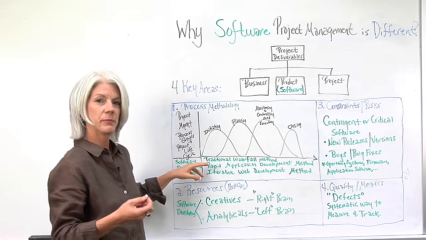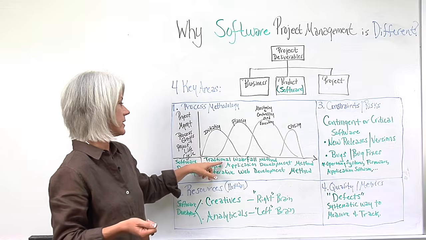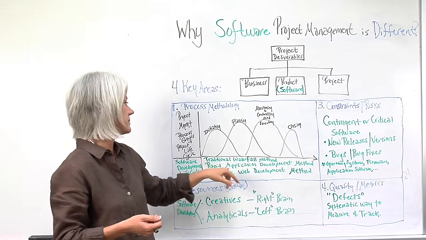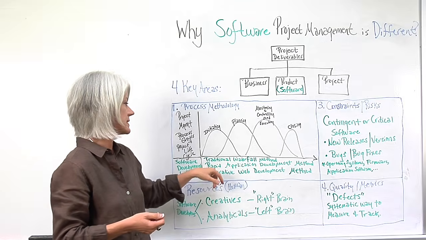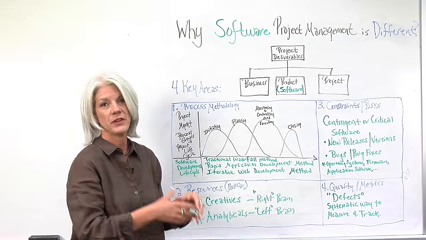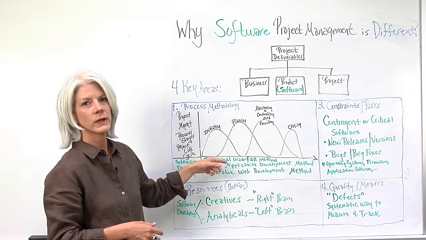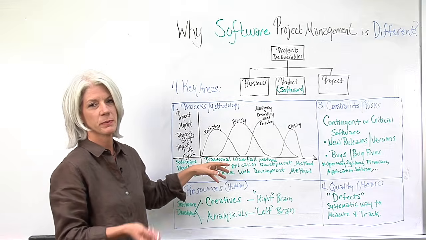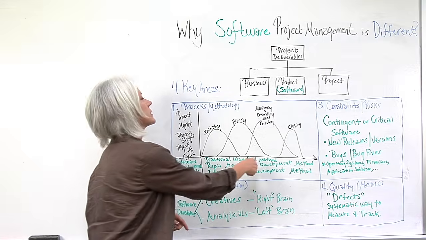Depending upon the software being generated, there's the traditional waterfall method, there is rapid application development method, as well as an iterative web development, and there are many more. But so in this area, depending upon what software is being generated, depends upon what process methodology is used. So this is where the change occurs.